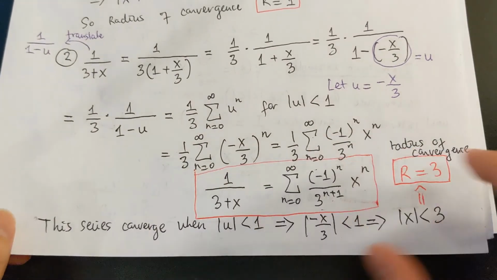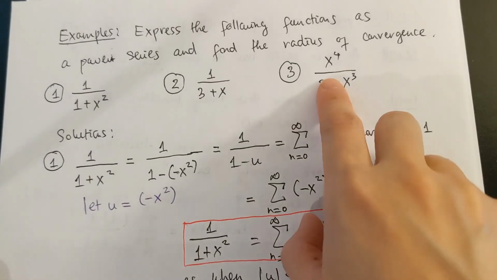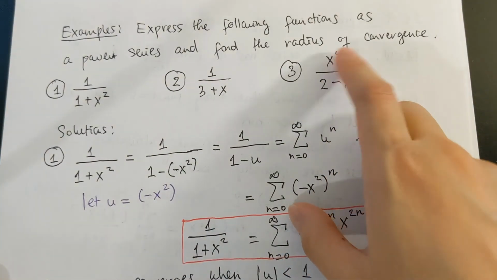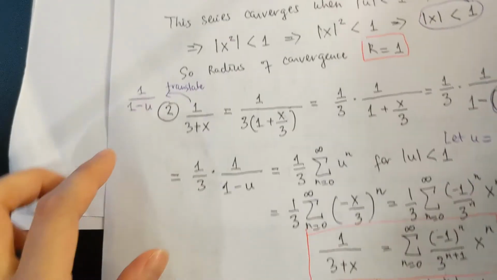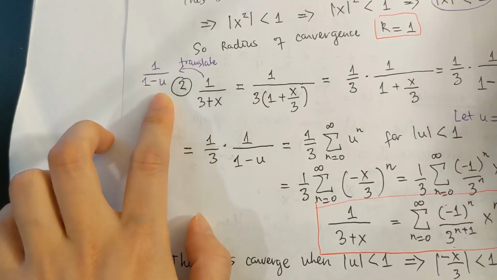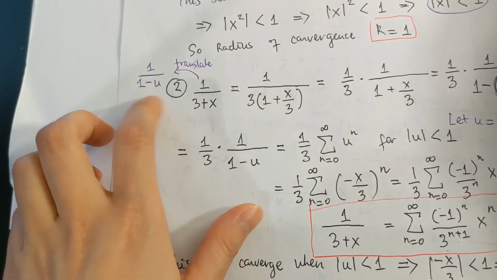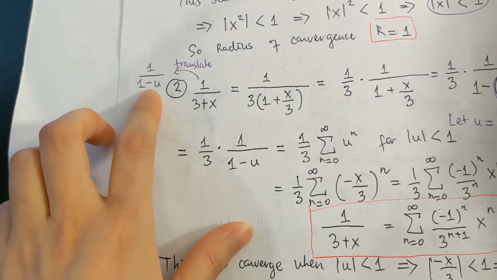Now let's look at the last example. This looks a bit tricky, because it looks like everything is different from the form 1 over 1 minus u. So somehow we have to translate it to looking like this.